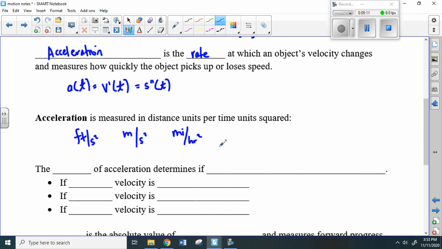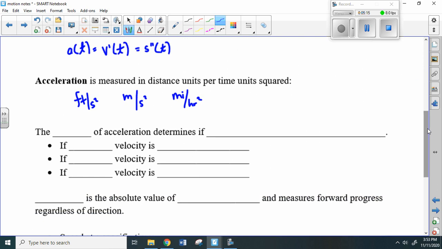Now, the sign of acceleration, which remember is the second derivative, so think back to our connections, the sign of the second derivative, or acceleration, will determine if the first derivative is increasing or decreasing. So in this case, that means it will determine if velocity is increasing or decreasing.